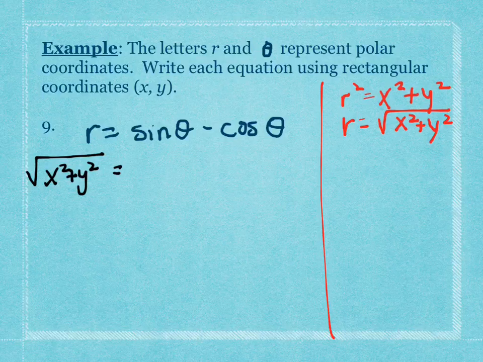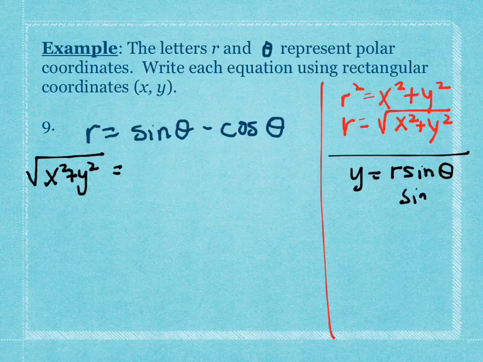I've got other issues. I don't actually have an equation that says sine theta equals, but I've got one that nearly does. What's an equation I have that has a sine of theta in it? y equals r sine theta. So what does sine of theta equal? y over r.